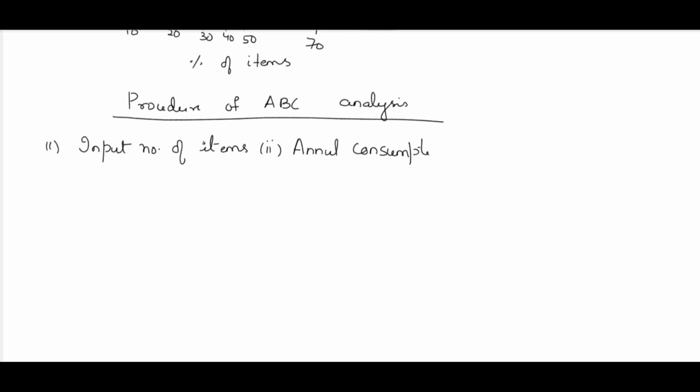Then procedure of ABC analysis. How to classify the items. So I am writing down the steps. Input the number of items, annual consumption value in terms of units, and unit price for each of the items.